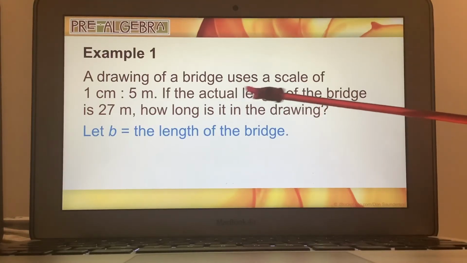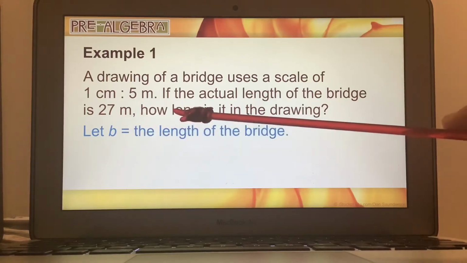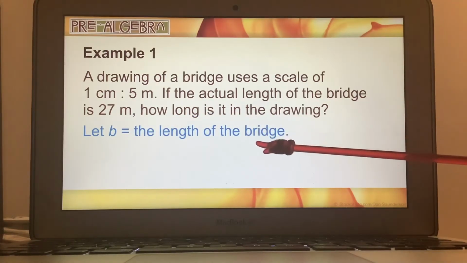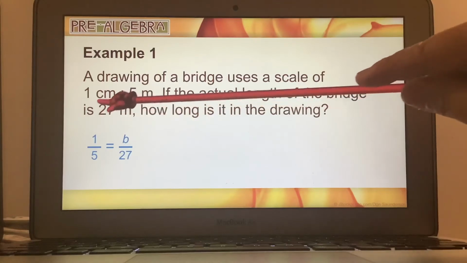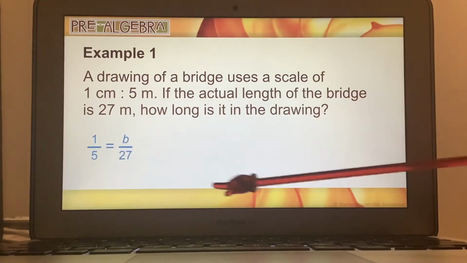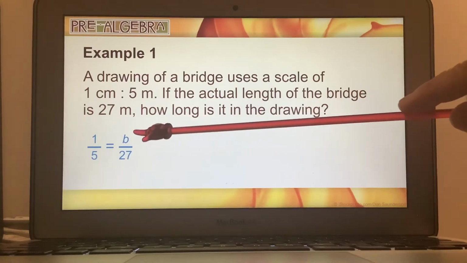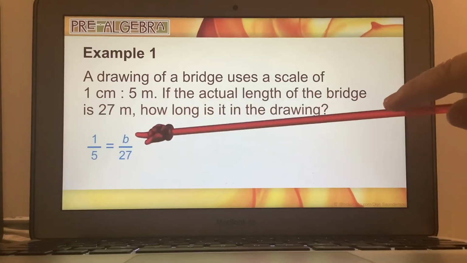We have the actual length of the bridge is 27 meters, but we need to find out the length of the bridge according to the drawing. So that's going to be B. Now we're going to set up our proportion, 1 centimeter to 5 meters, right here, 1 to 5. Then B is the length of the bridge in the drawing, so that would be on top.